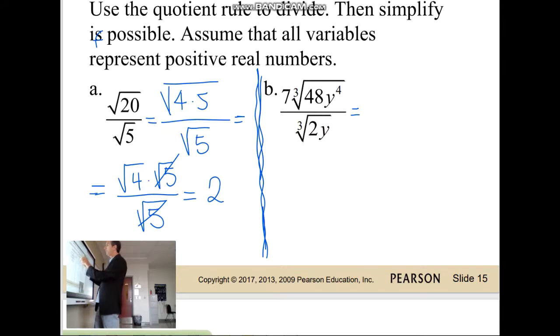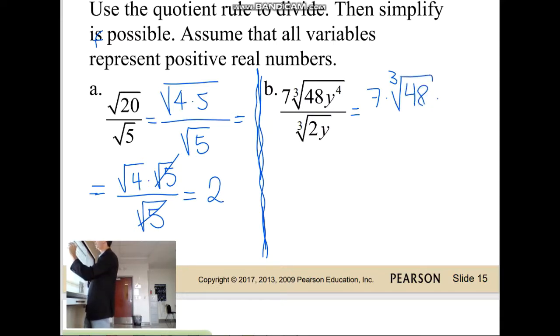7 times cube root of 48 times y to the fourth divided by cube root of 2 times y. And the first thing, let's keep the 7 here, times. And we can apply the product rule here on the numerator. Cube root of 48 times, let's apply the product rule, cube root of y to the fourth.